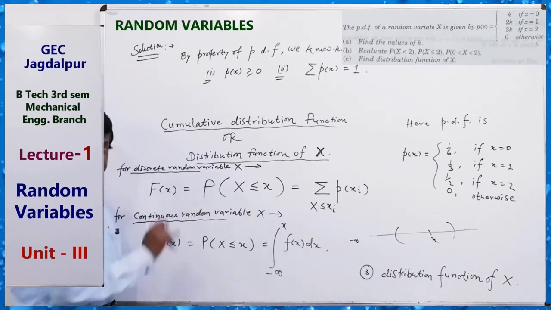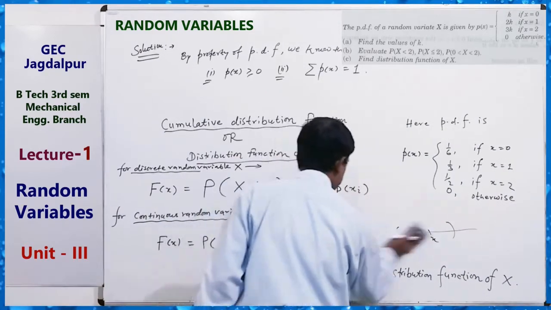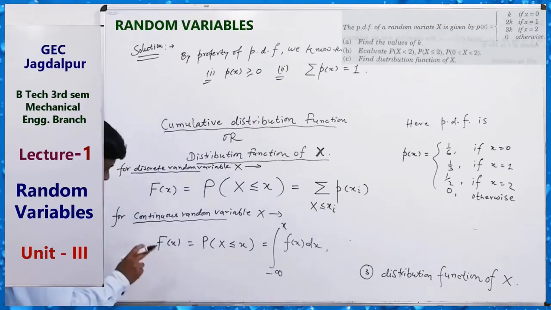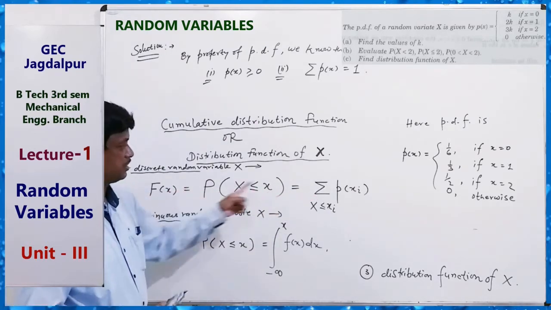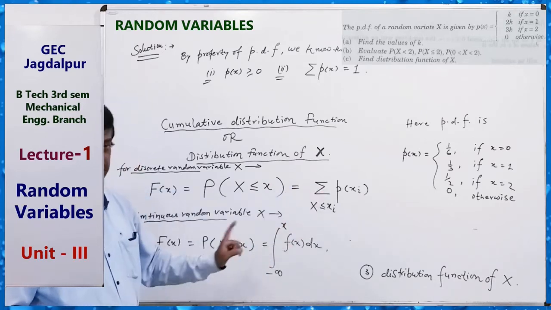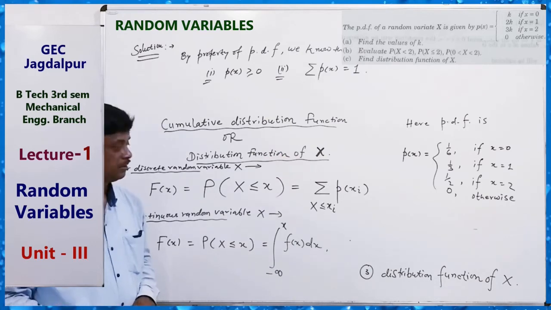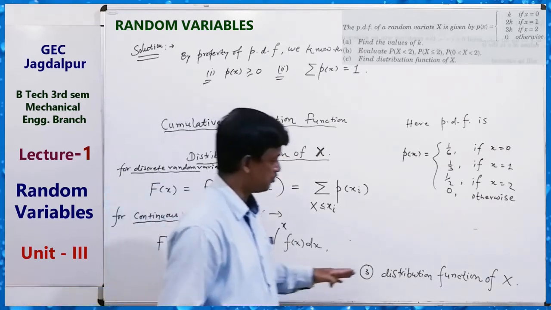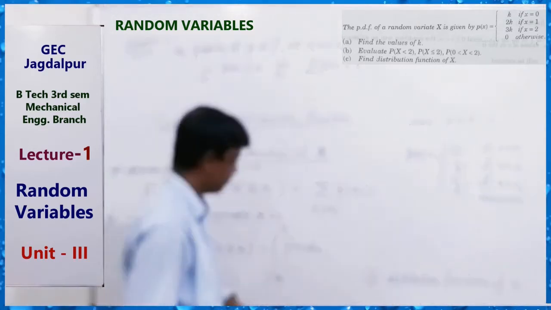Now its properties. The main thing is to note down its properties. This is for discrete, and this is for continuous. For this question we require this formula to find the distribution function of random variable x.